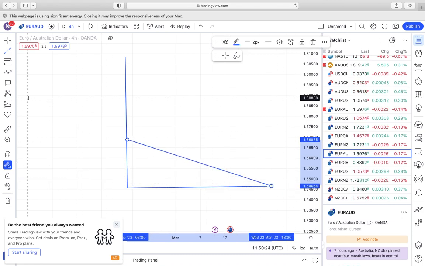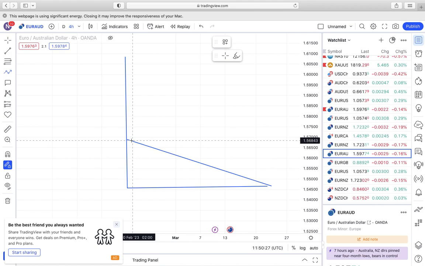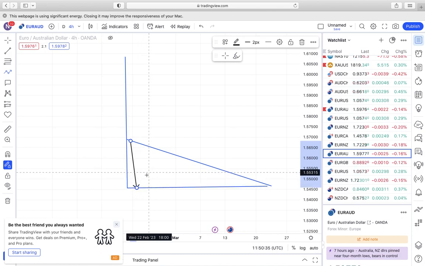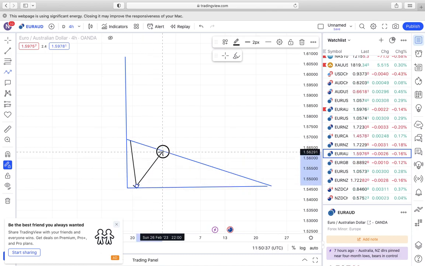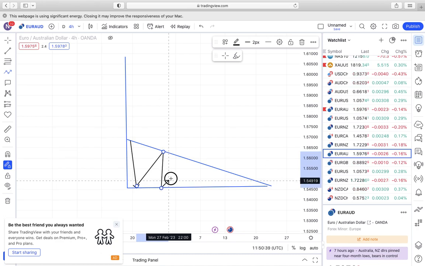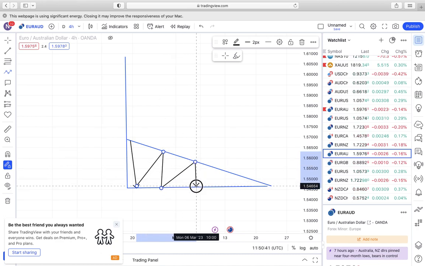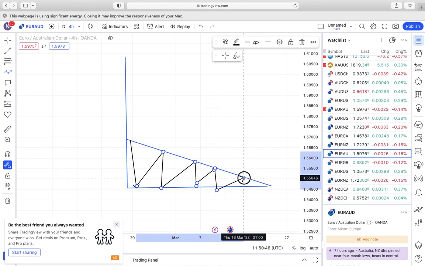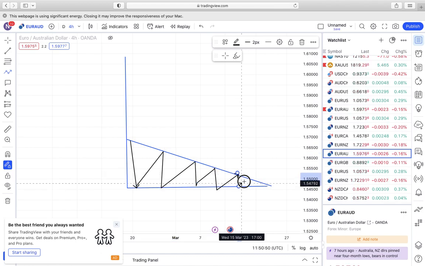Now this market has been moving this way. As you can see, it has been moving this way. Now someone can decide to trade this market within this given channel.